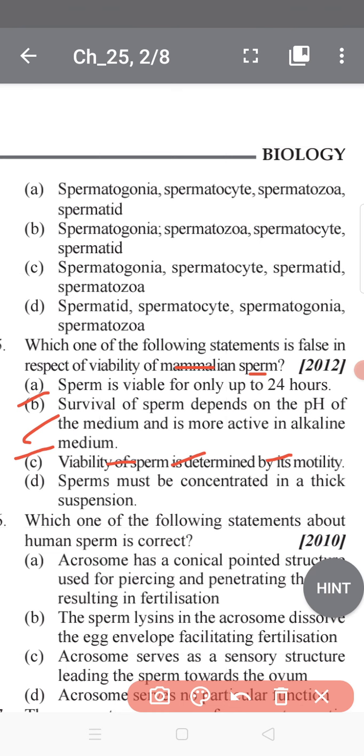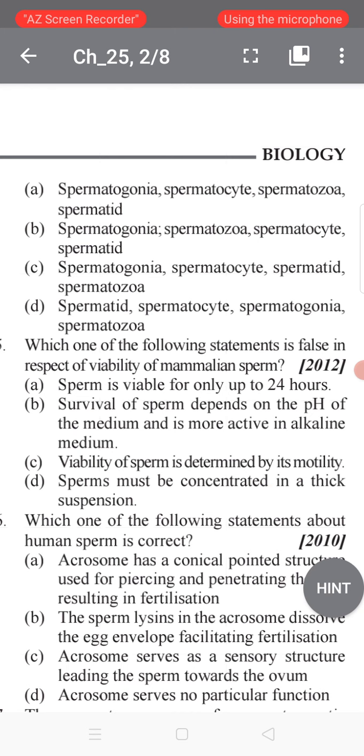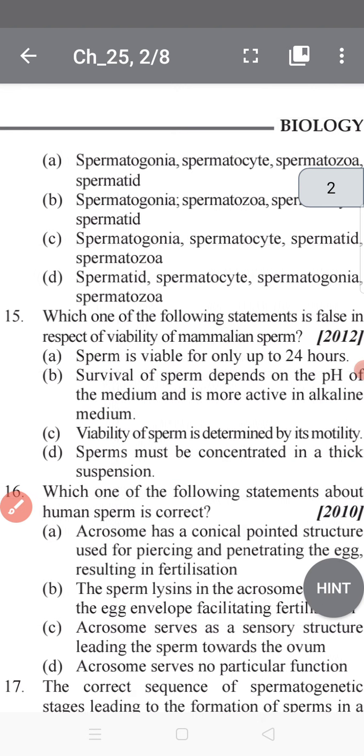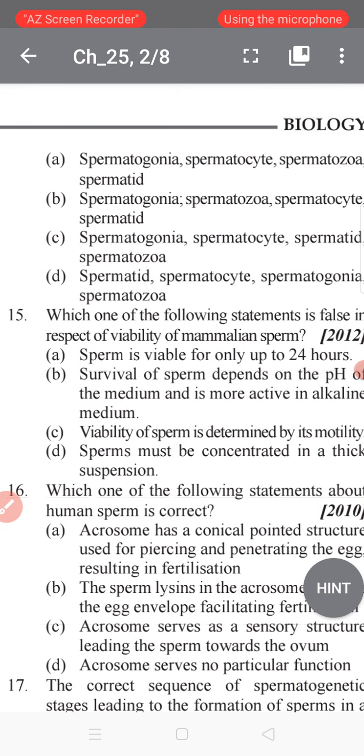Viability of sperms is determined by motility, and sperm must be concentrated in a thick suspension. We have to choose the false statement. The sperm is viable for 2 to 3 days, not only 24 hours. So option A is false, that is wrong.